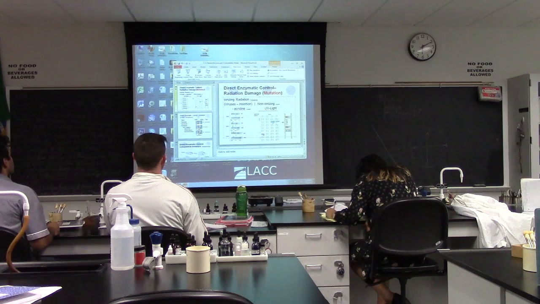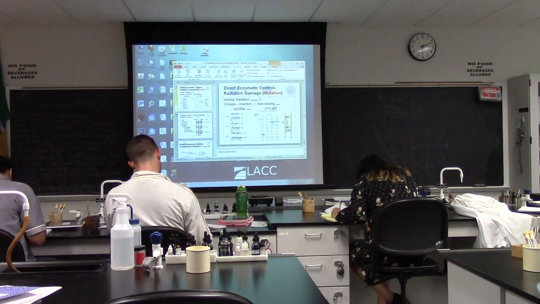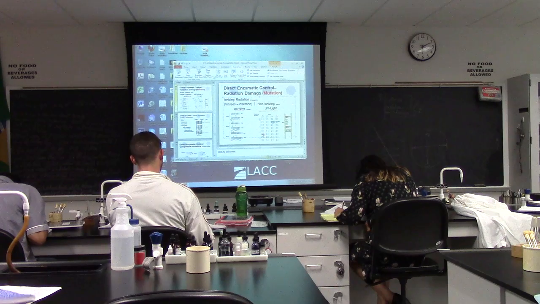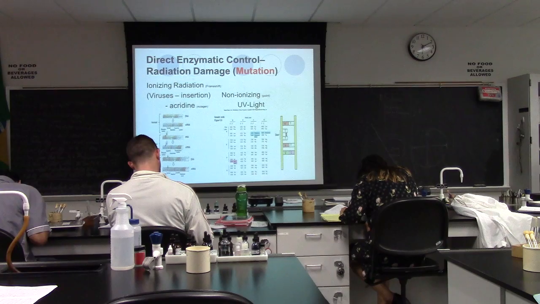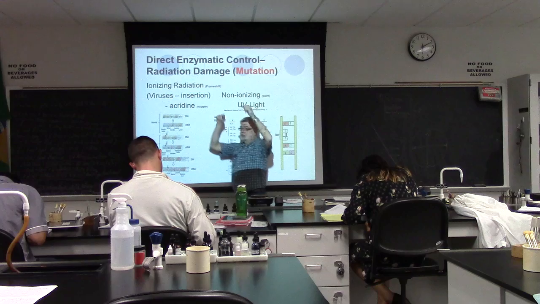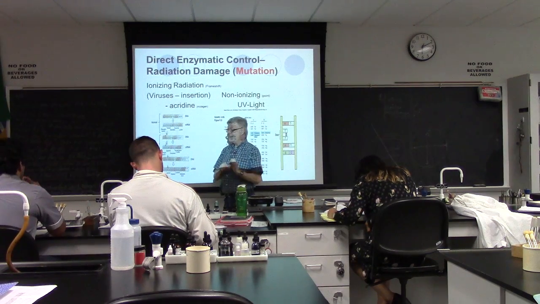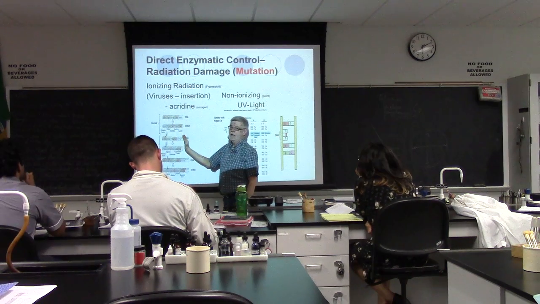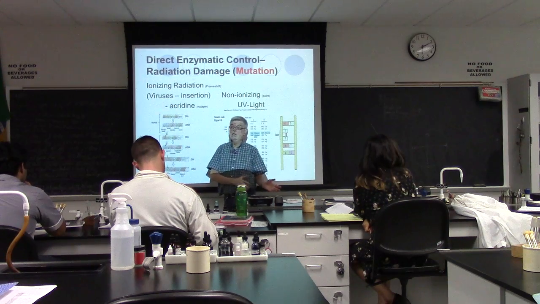So remember that viruses can also cause mutations by insertion, and as a result, can result in cancer and do result in mutation. Remember, when a virus attacks your cell, it inserts its DNA into your cell, and then its DNA inserts itself often at random places. And particularly if it inserts itself in the middle of an oncogene, it can result in cancer.